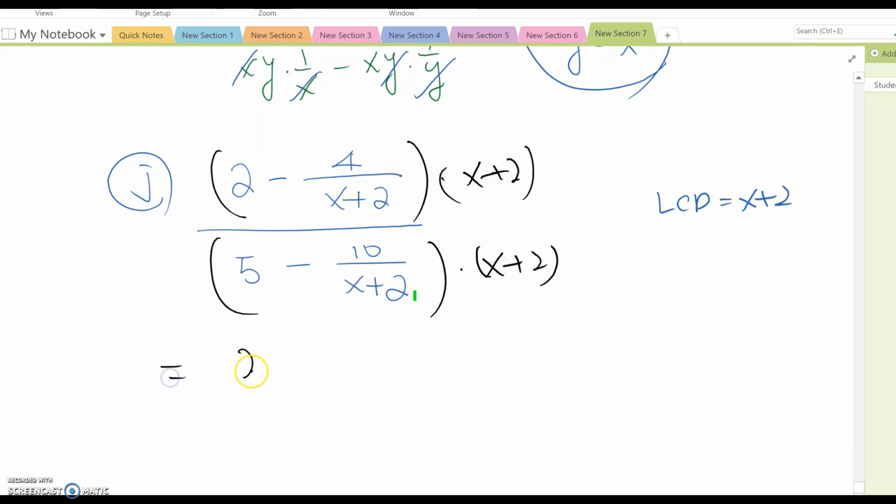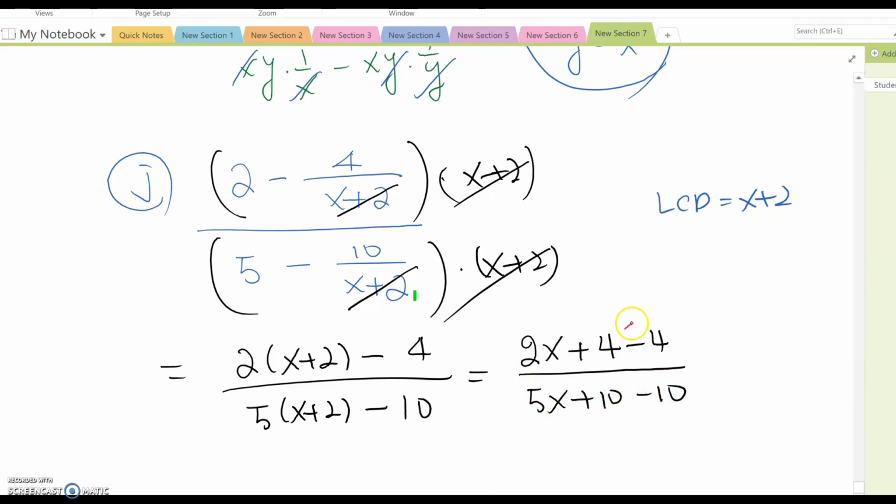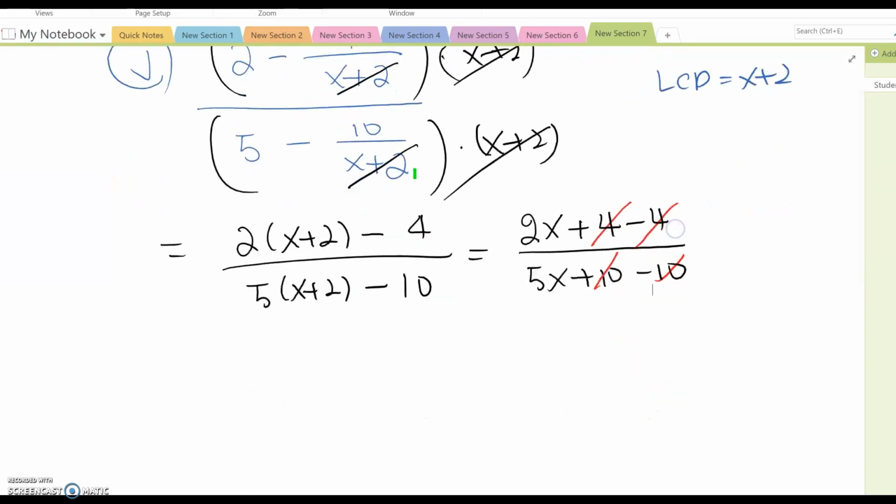Then this becomes 2(x plus 2) minus 4 over 5(x plus 2) minus 10. Now open the parentheses and simplify. Then this becomes 2x plus 4 minus 4 over 5x plus 10 minus 10. As you see, these two cancel out. So the answer becomes 2x over 5x. But x can also be cancelled. So 2 over 5 is the answer.